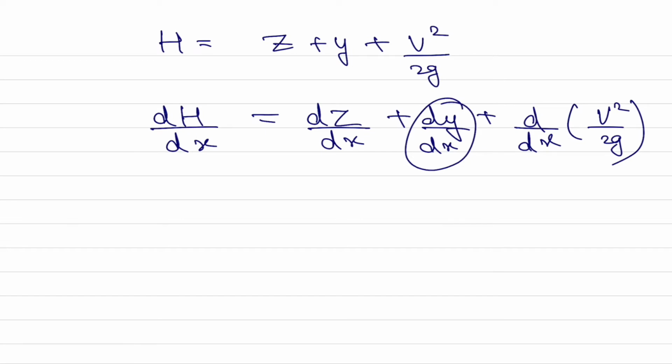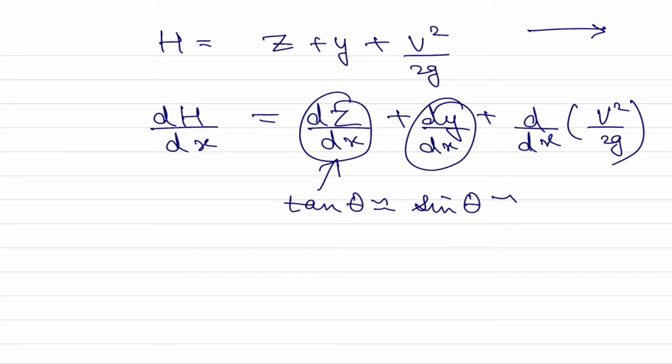This is the rate of change of elevation of water as we move along the flow. dz/dx can be assumed, for channels with considerably small inclines, where tan θ can be approximated as sin θ or equal to θ, to be the rate of change of bed height with respect to datum, which is equal to the slope of the channel section.